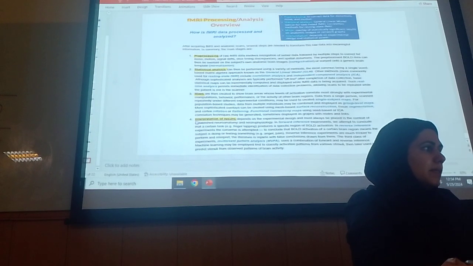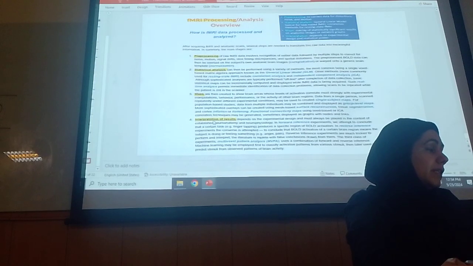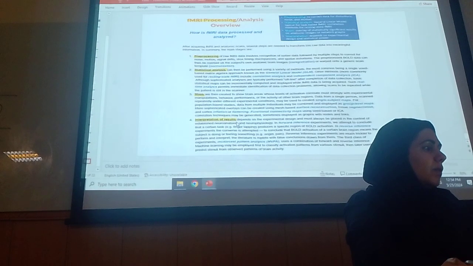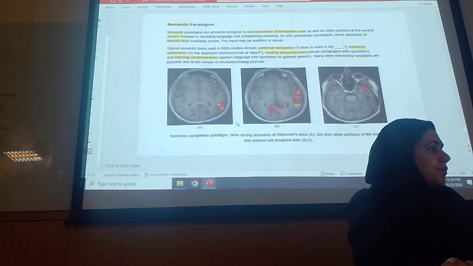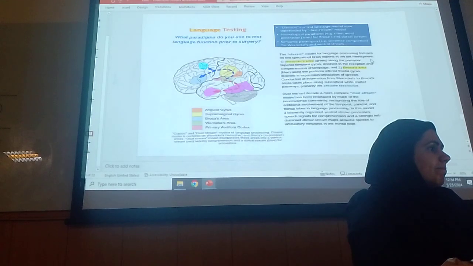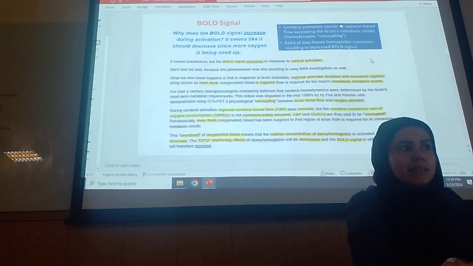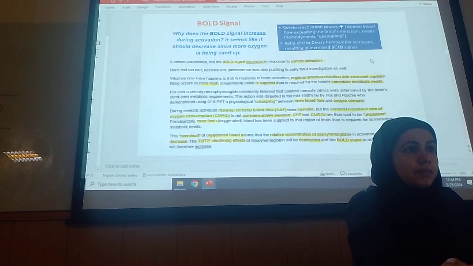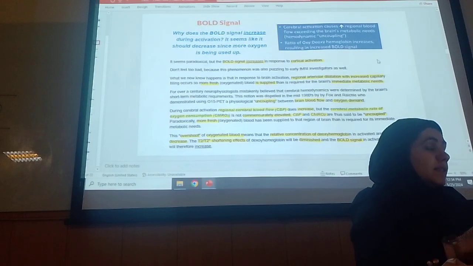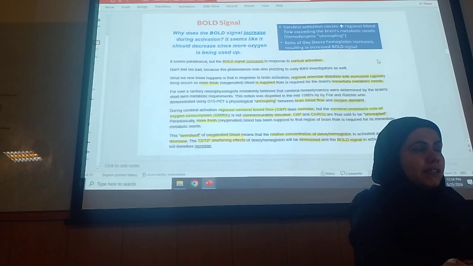And maps, interpretation of results is very important. And so on. Functional magnetic resonance imaging is a very important technique in MRI.